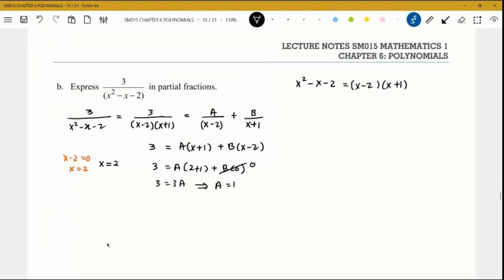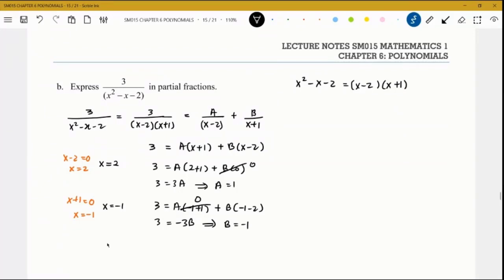Okay, and then the second x comes from x plus 1. So x equal to negative 1. So the second value of x is negative 1. Substitute: on the left 3, and on the right a times negative 1 plus 1. This one automatically becomes 0, plus b times negative 1 minus 2. So 3 equal to negative 3b. So b will be equal to negative 1.